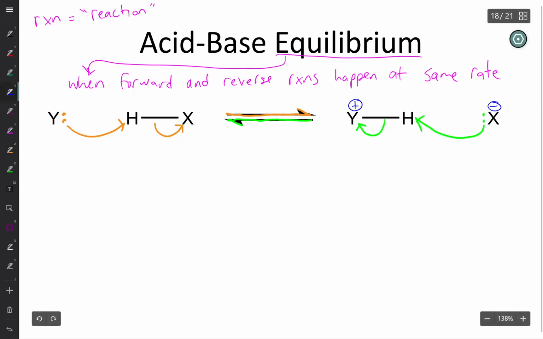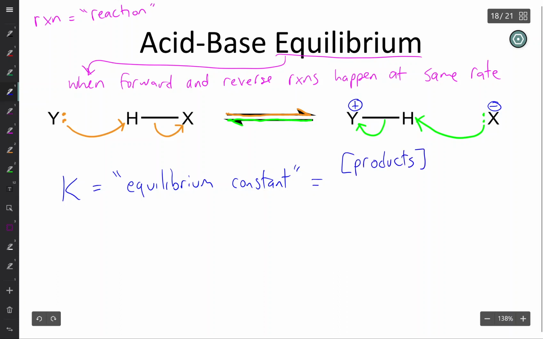So the one thing you need to know about equilibrium is every equilibrium can be characterized by this thing we call the equilibrium constant, which is essentially the ratio of products to reactants. So K is what we'll call the equilibrium constant, and that's essentially equal to the concentration of products divided by the concentration of reactants.